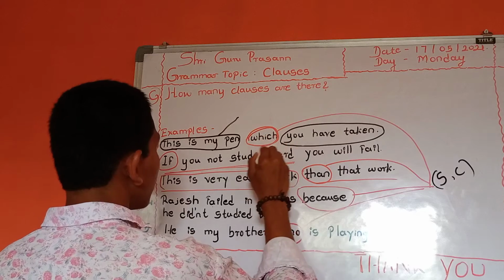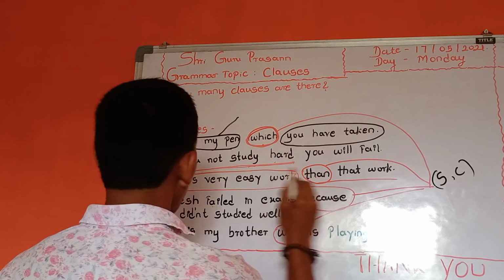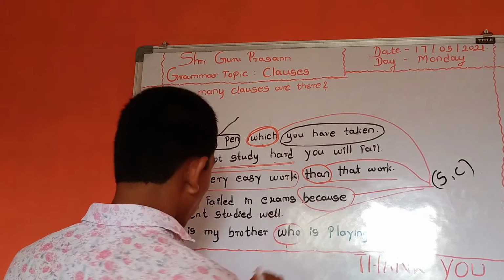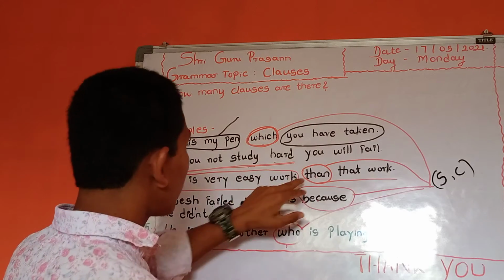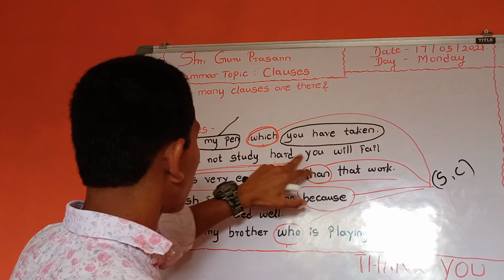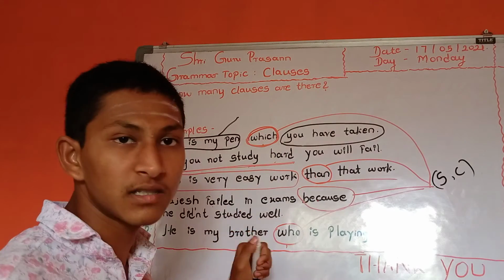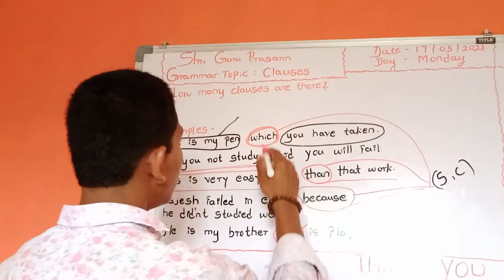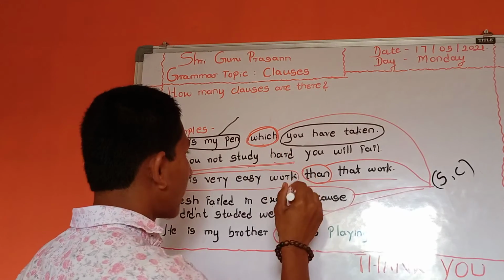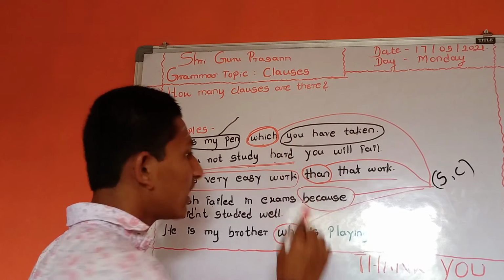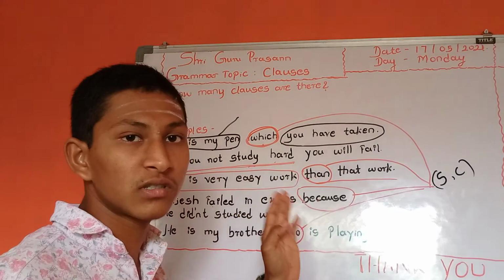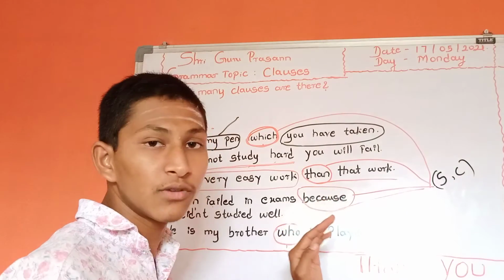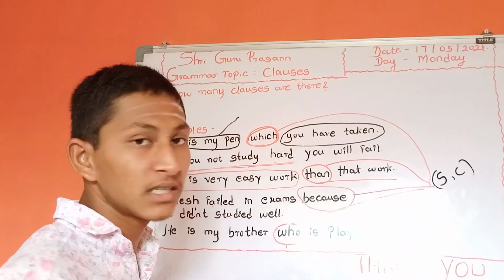These are subordinating conjunctions: which, than, if, because, who. In these examples you will see these conjunctions. In this grammar topic, these conjunctions are called subordinating conjunctions, and they help us recognize the dependent clause. The dependent clause always starts with a subordinating conjunction.